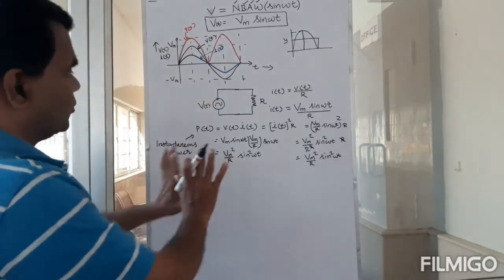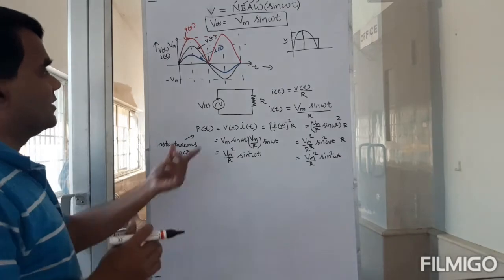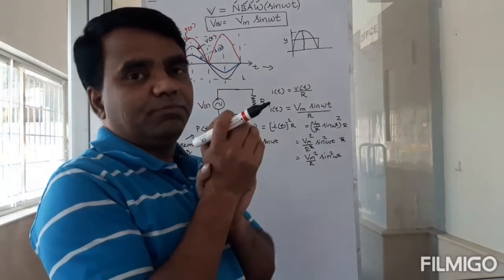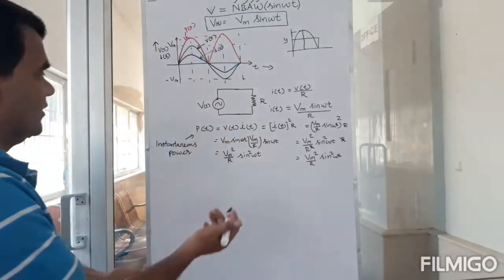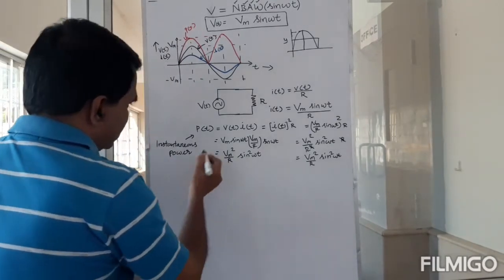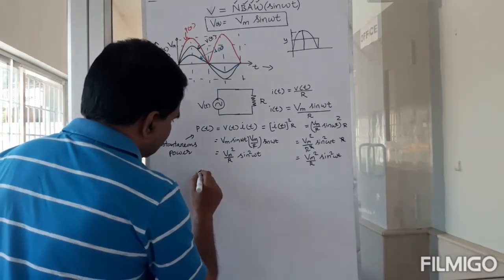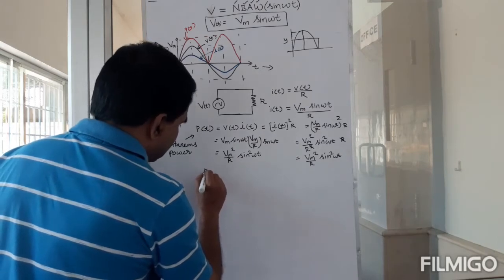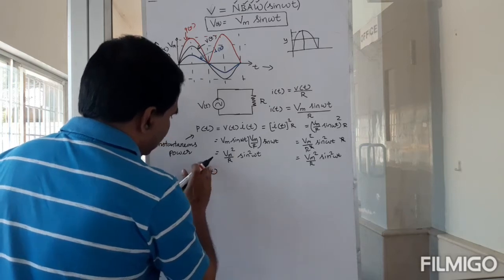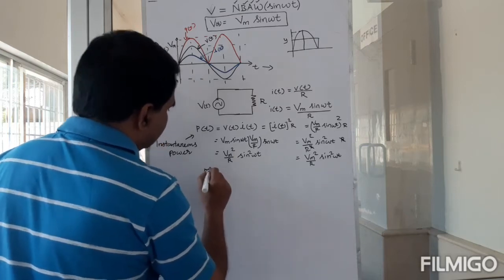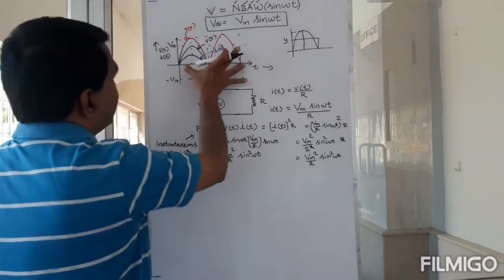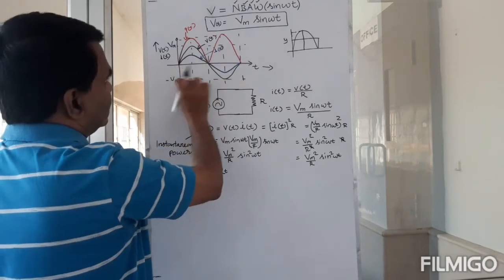Anyway, so this is what I've got. This is an instantaneous power. Then how do you find the average power? Suppose the average power would be like this: the instantaneous power integrated over the entire cycle.